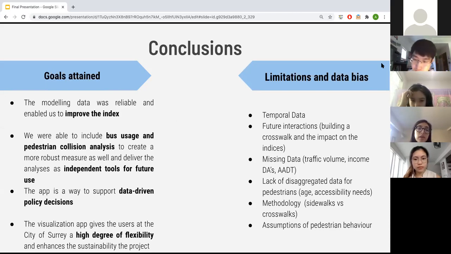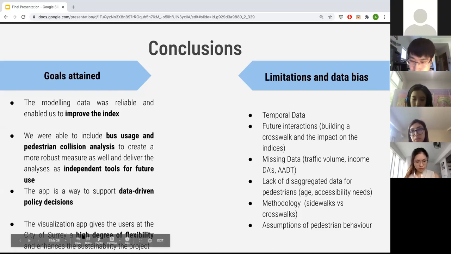I think the app is going to be very useful to support data-driven policy decisions. And since it gives the user a high degree of flexibility, it enhances the sustainability of the project, because as we mentioned before, it can be used in the future or adapted for other uses.